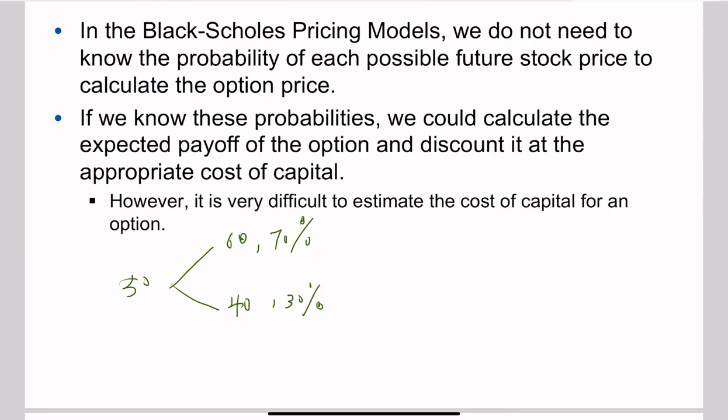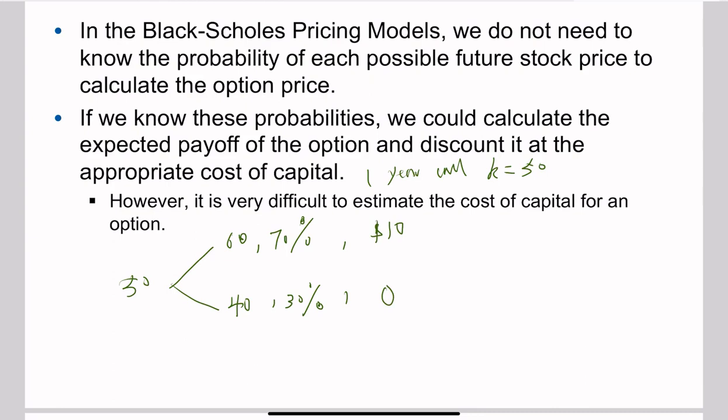And then if we have a call, let's say a 1-year call, and its strike price is 50. Then you would know that with possibility 70%, the call payoff has to be $10. And with possibility of 30%, the payoff of the call has to be 0, right?